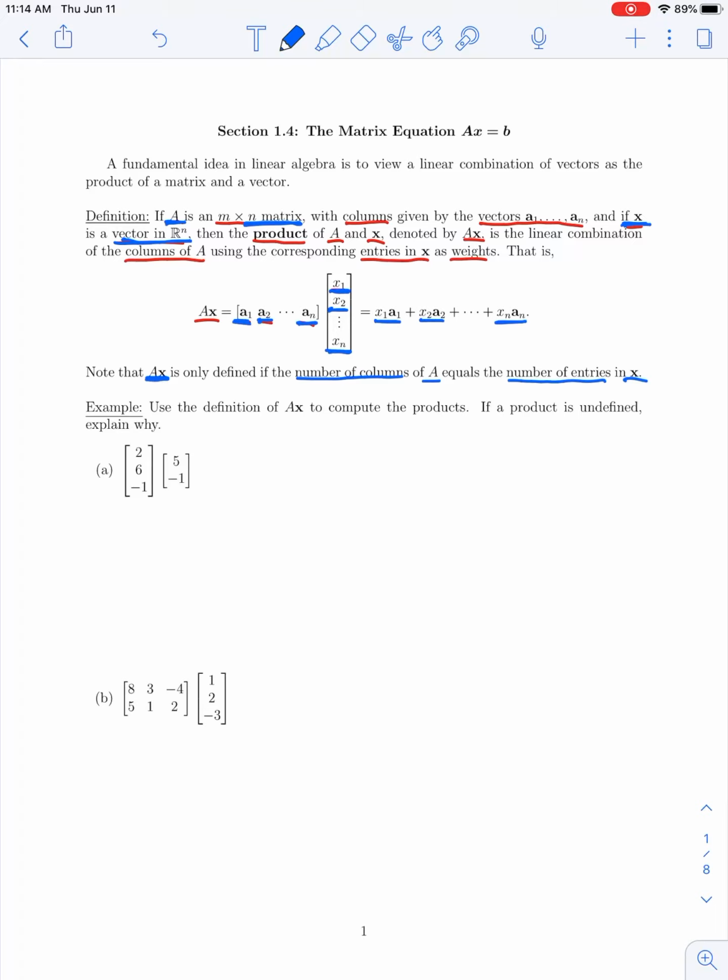So let's look at part A. In part A, we have a matrix A, which is a 3 by 1 matrix, or we could consider it as a column vector, times some vector X, which is a 2 by 1 column vector. So the question is, first, does this product exist?